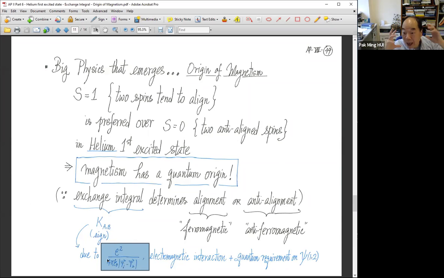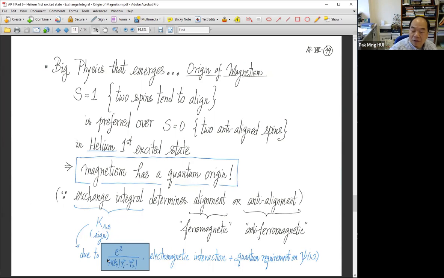The spin part comes in through the requirement that the multi-electron wave function must be antisymmetric. Then some preference will come out, where either the spin triplet or the spin singlet is lower in energy. That will force the spins in the material to be aligned or anti-aligned.